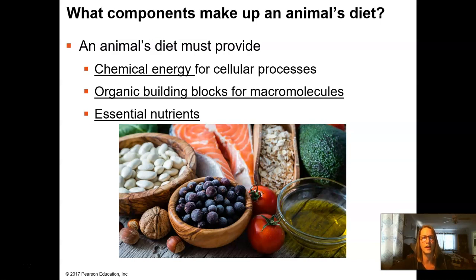And so you have to have enough calories or enough energy to be able to complete the cellular processes that keep the cells in the animal alive. Besides the chemical energy, diets have to have the specific organic building blocks that are required for creating proteins and macromolecules. So diets need to include a bunch of specific things that are going to help the cell make all of the materials it needs. And then there are essential nutrients, which we're going to talk about in a second.